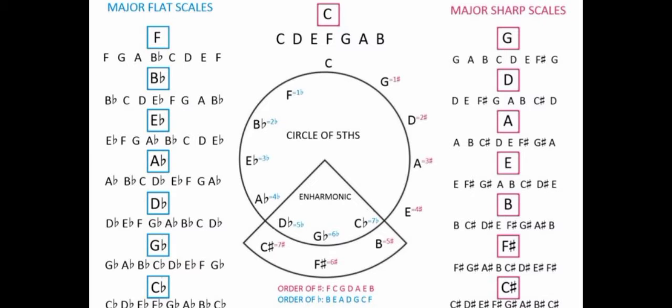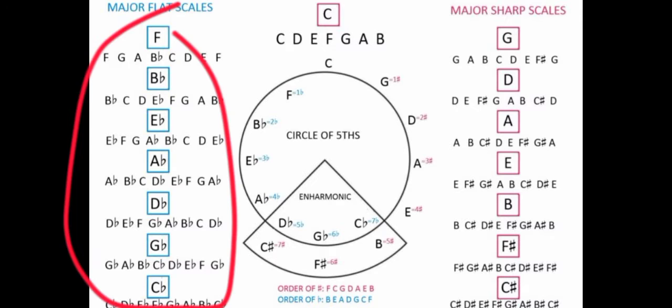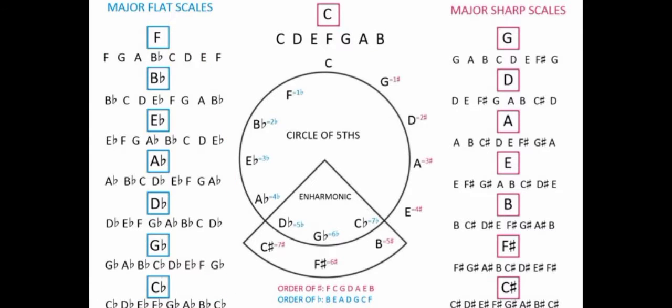Right now I would like you to turn your attention back to this chart again. Check at the major flat scales, check at the major sharp scales, and check in the middle between the major flat scales and the major sharp scales. We have C major, and the C major is showing us that there are no flats and sharps on the C major.